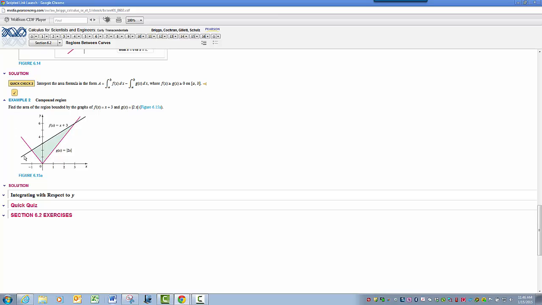What I'm going to do is this problem right here. I'm going to find the area between this line, x plus 3, and this curve right here, which is the absolute value of 2x. So let's go ahead and draw that out.